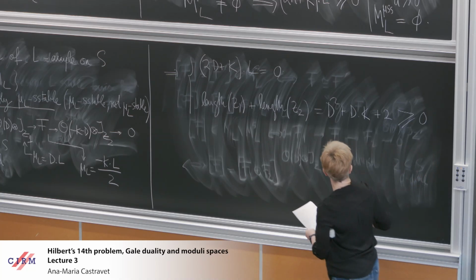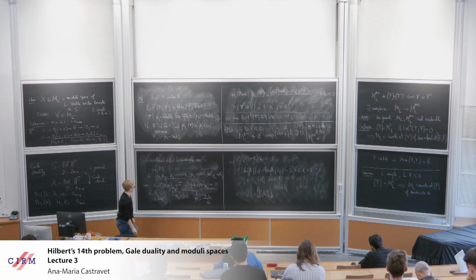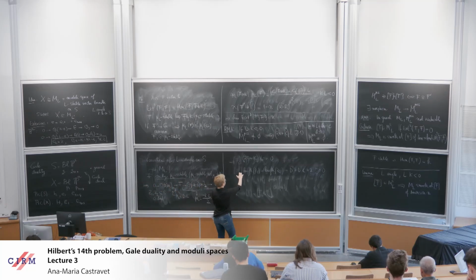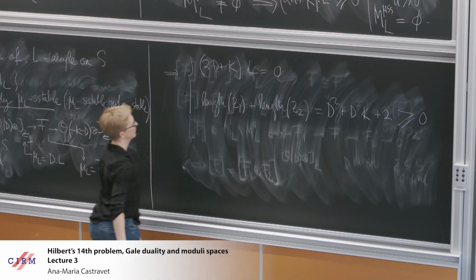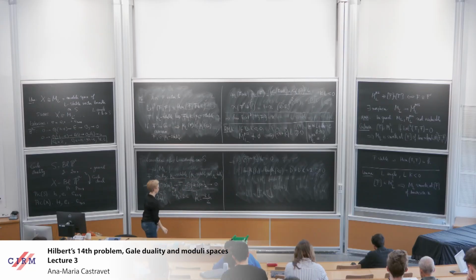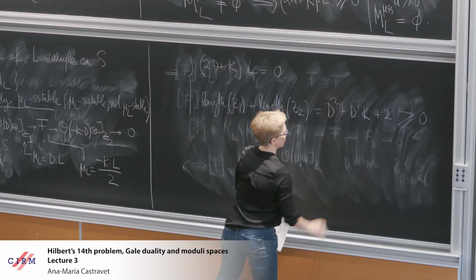So this says that in order to have such a strictly mu-L semi-stable object, you need to pass through some hyperplanes defined by classes of the form 2d plus k, and then there are some constraints on the self-intersection of d and on the intersection of d with k.